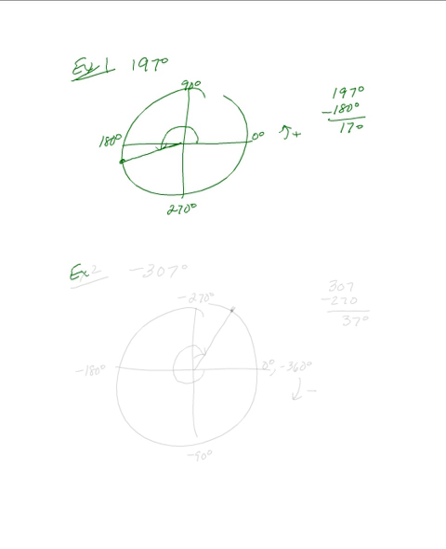Example 2. Negative 307 degrees. So again, thinking about our references, we have 0 degrees. Now we're going in the negative direction, so we're going this way. So this is going to be negative 90 degrees, negative 180, negative 270. So we're past that.